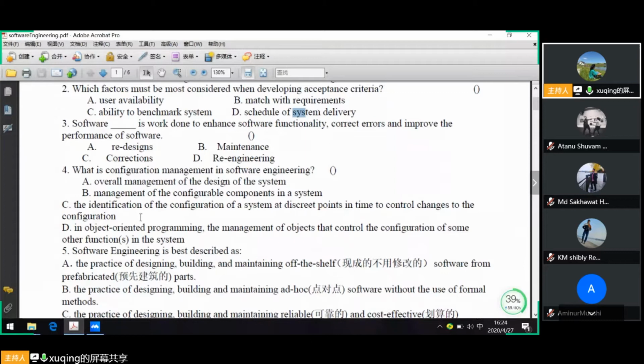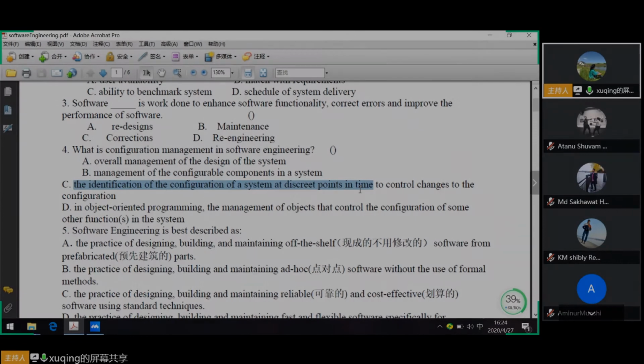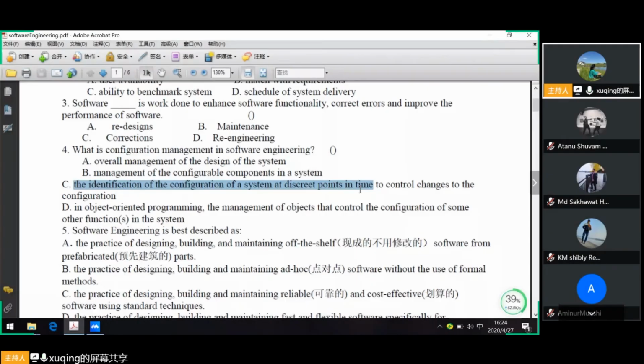So here, for this fourth one, at first sight we may think all of them are correct, but when we analyze them in detail, we can see that C is the most complete: the identification of the configuration of a system at discrete points in time to control changes to the configuration.